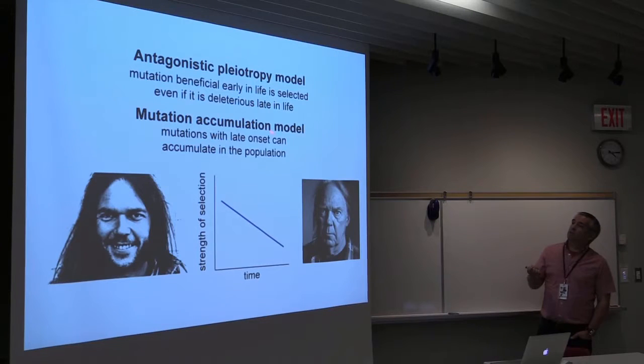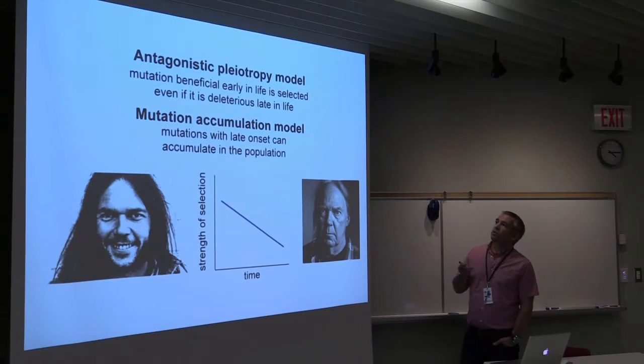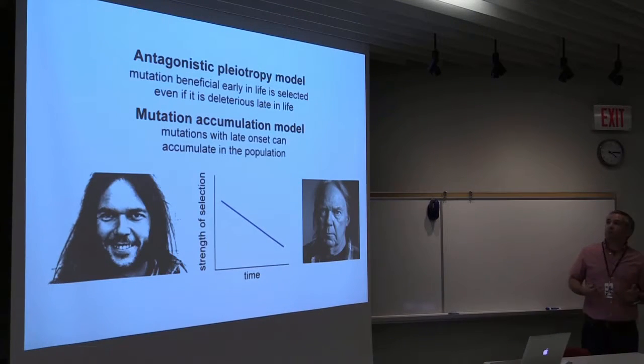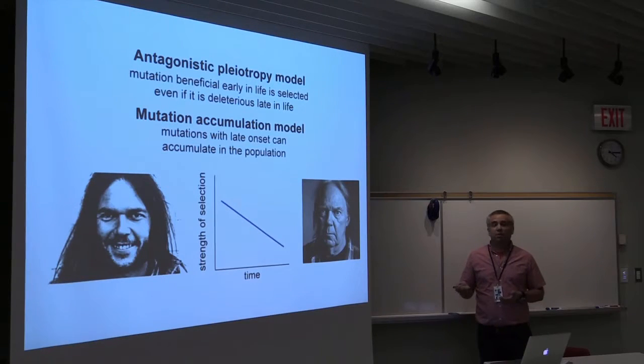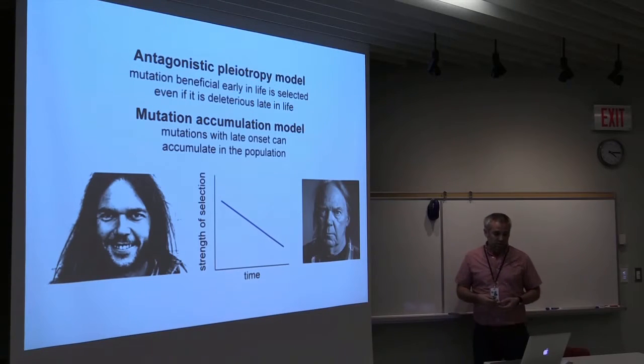The other model is the mutation accumulation model, which states that mutations with late onset, which may be neutral early in life but strongly deleterious late in life, can accumulate in the population because selection is weaker and cannot really remove them from the population as organisms get older.